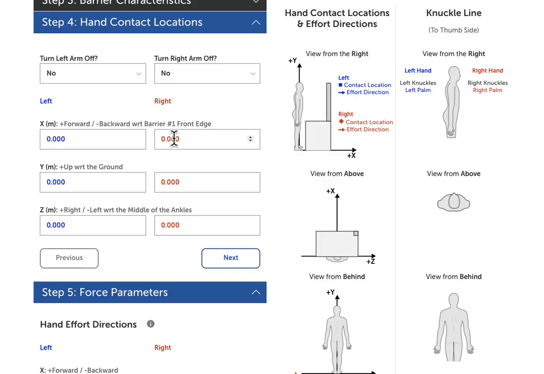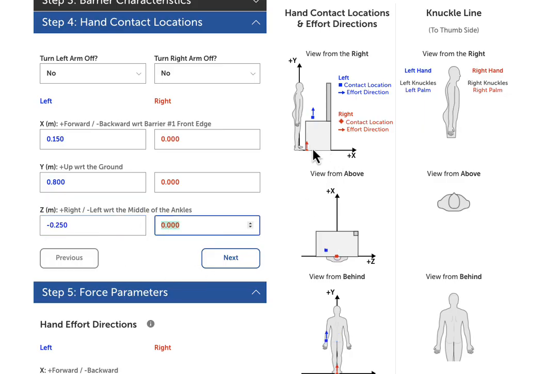So in this case, we're going to say, and again, left is in blue, right is in orange. So we're going to say that the load is 15 centimeters anterior, and you can see that a box with the force vector is shown up, and we'll continue to refine that. We'll say it's 0.8 in the air, and let's say that it's minus 0.25 to the left.